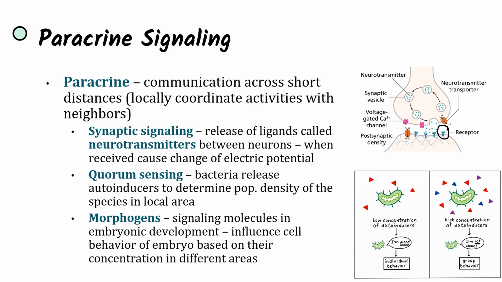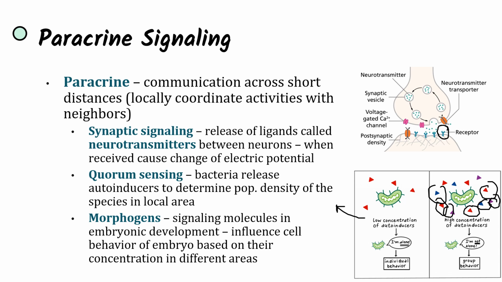But if there's a high concentration of autoinducers that are then being received in this general area, this close area, then the bacteria knows it's not alone, and it's going to be performing in group behavior. So the gene expression and the behavior that the bacteria will perform is going to be different depending on the amount of bacteria in the area and the paracrine signaling.